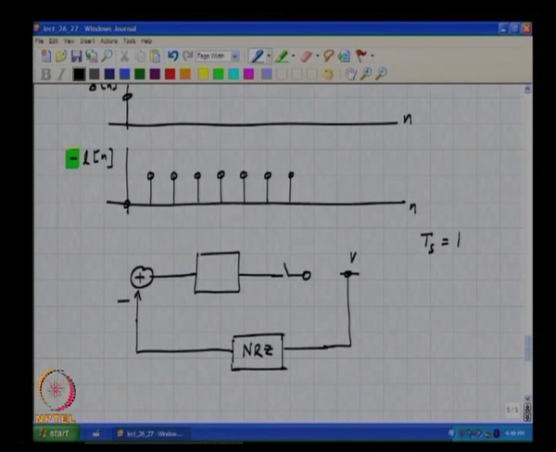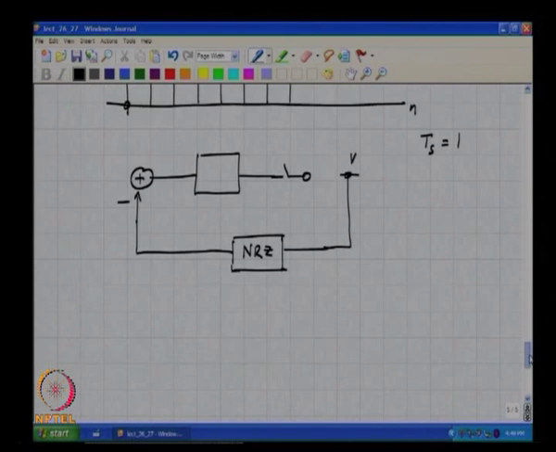We can always scale it to whatever we want later, all right. So, in other words, this pulse shape P of t will be 1 all the way from 0 to 1 second.